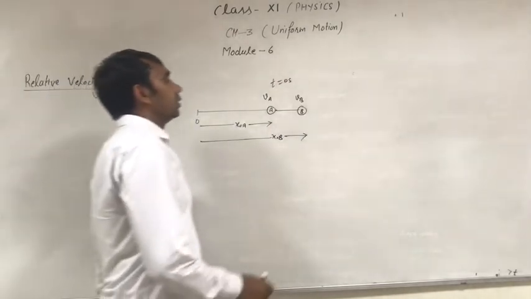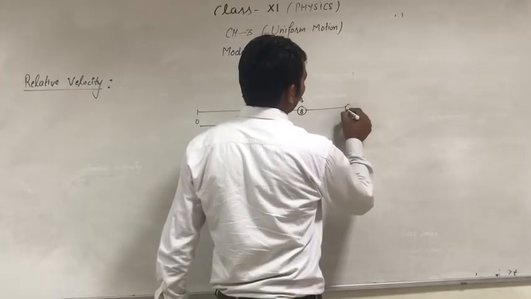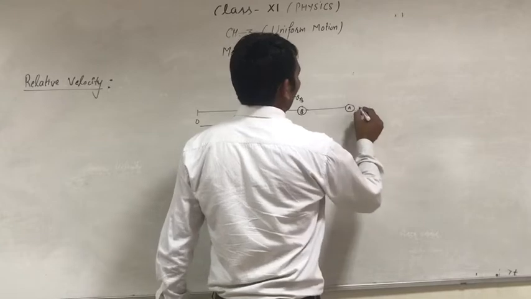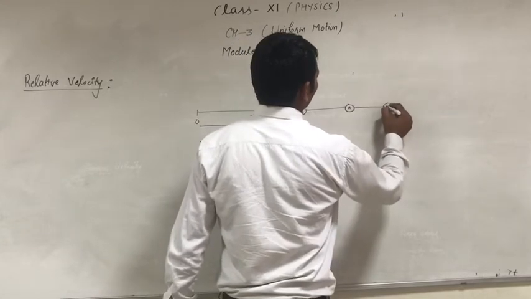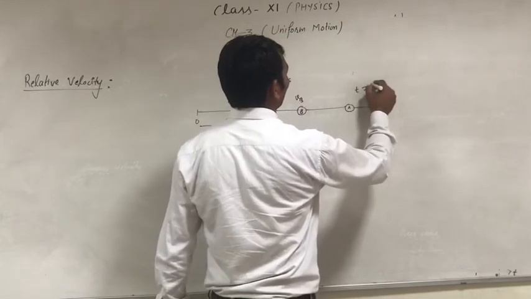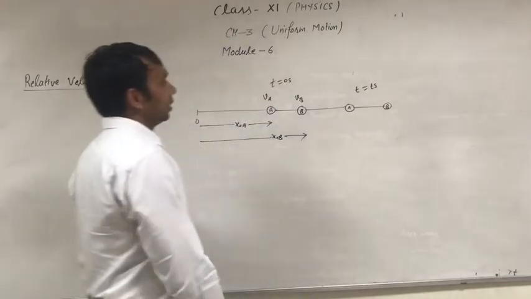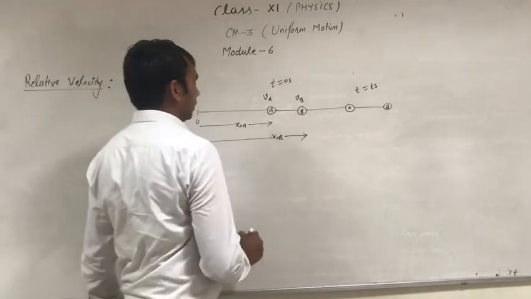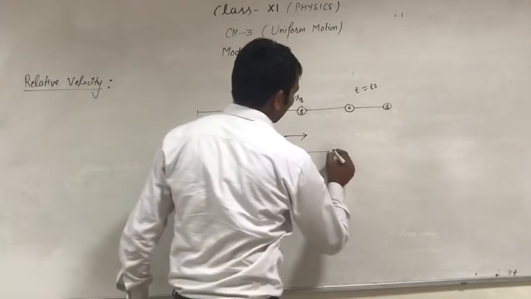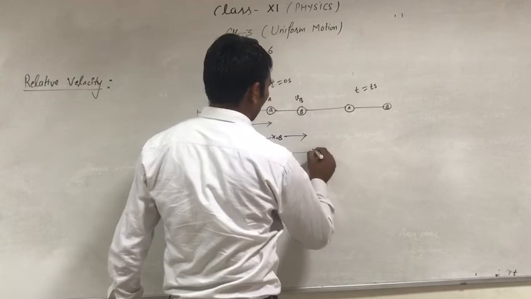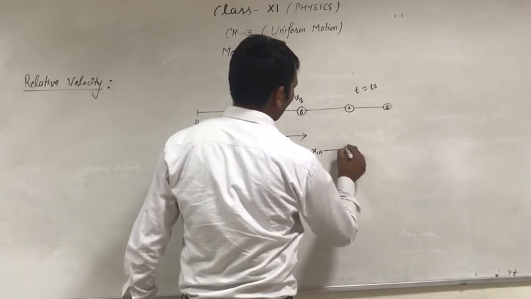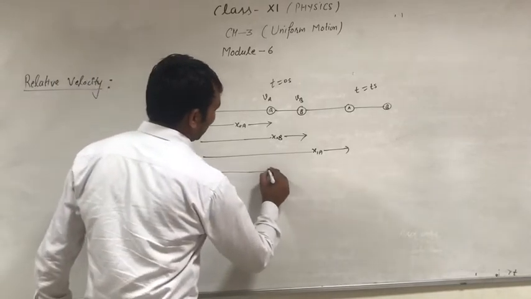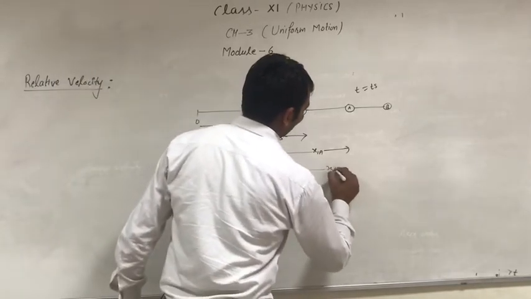After time t seconds, object A is here and object B is here. The displacement covered by object A in time t seconds is x1A, and by object B is x2B.